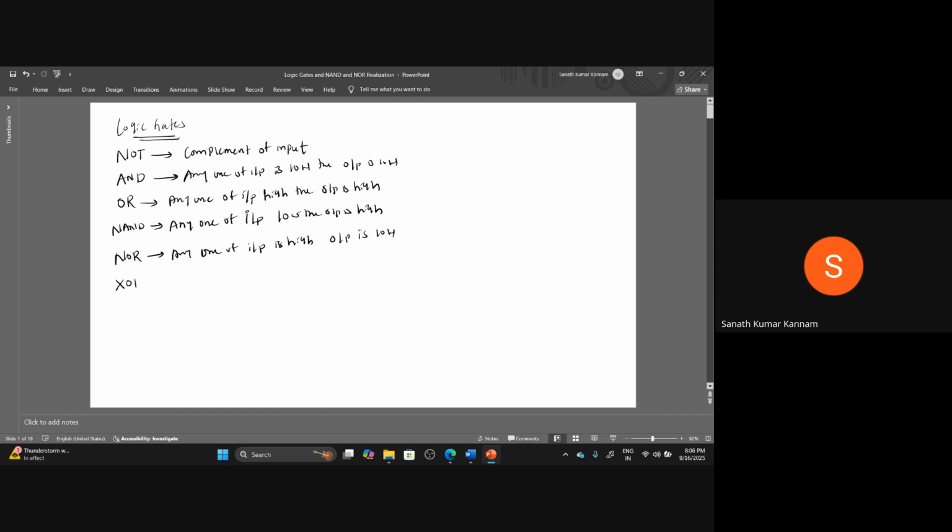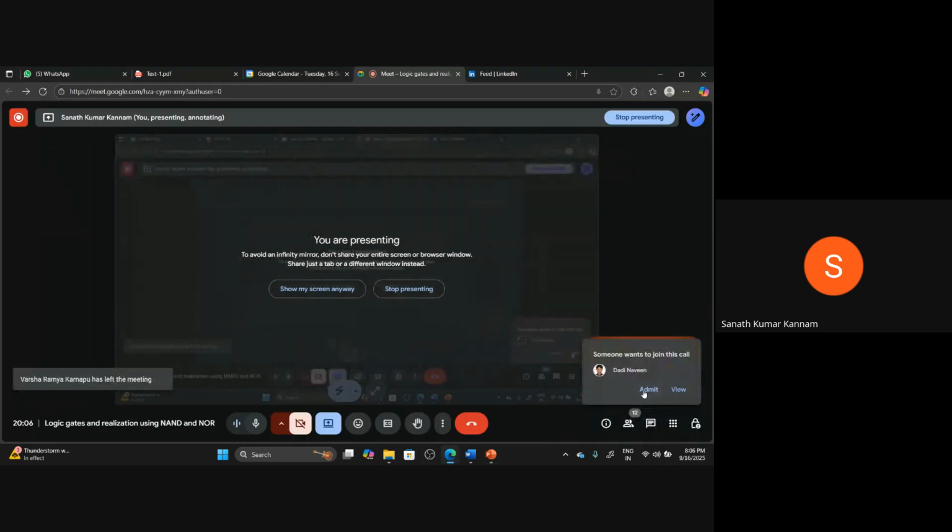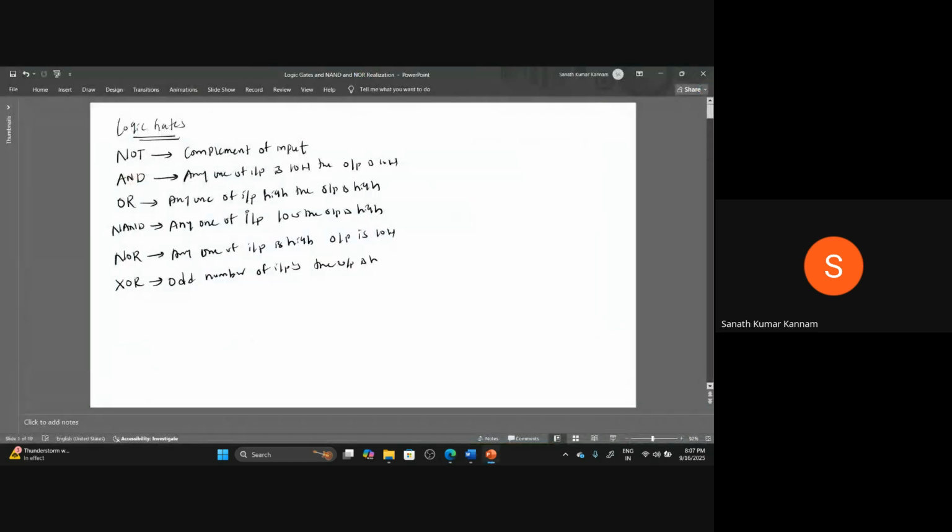And next XOR gate. XOR gate is what we call an odd detector. For an odd number of inputs, the output is high. And next XNOR.